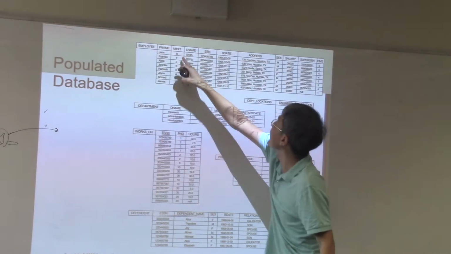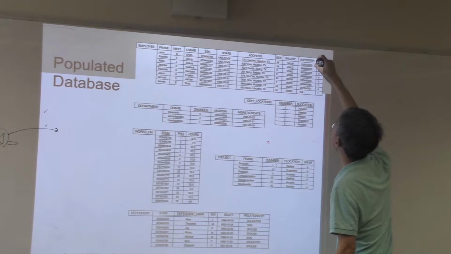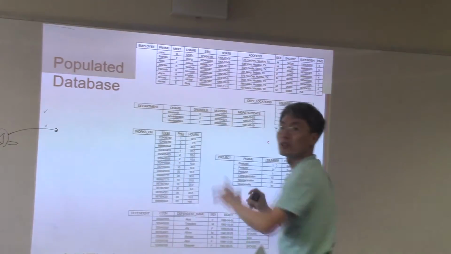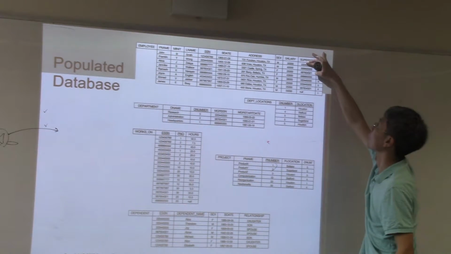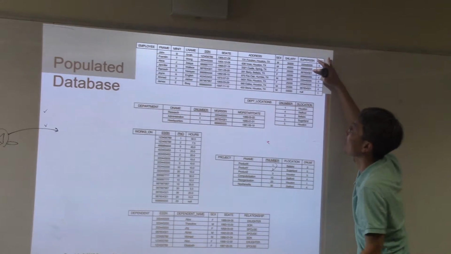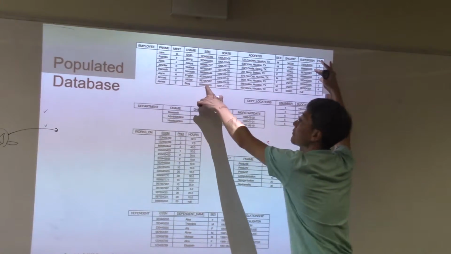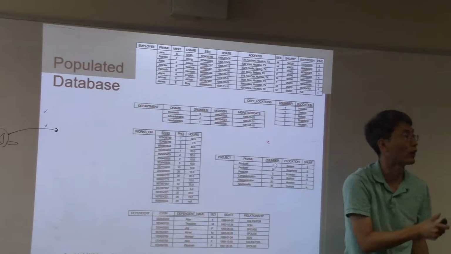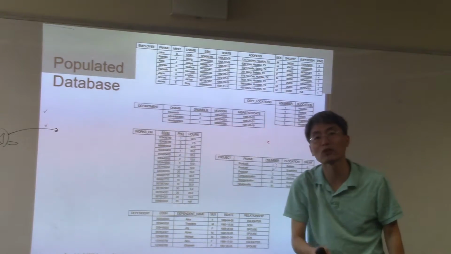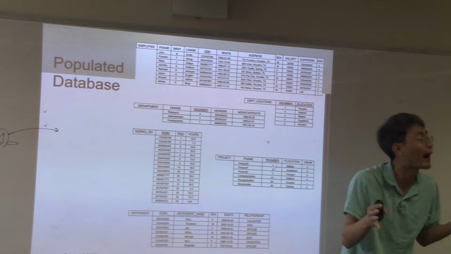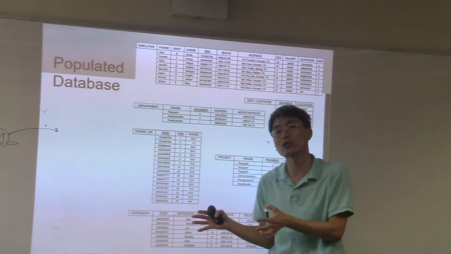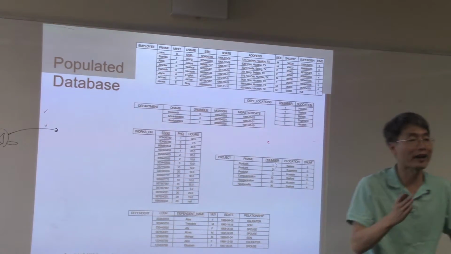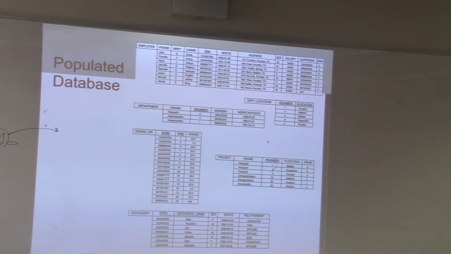Otherwise, John B. Smith, his supervisor is 3344555. So 3344555 is Franklin. So list Franklin for this tuple. And next, 888666555 is here, James Borg. So which table are you accessing? Employee only. However, one employee is used for employee information, and another one is used for supervisor information. So it looks like access of two tables, but actually that is the same thing.